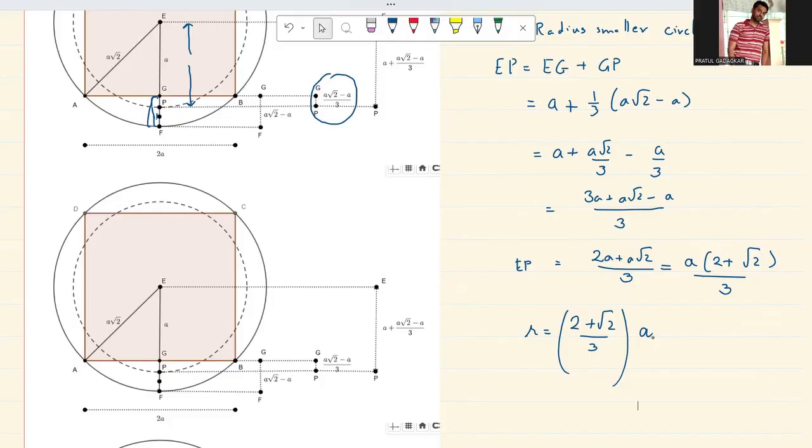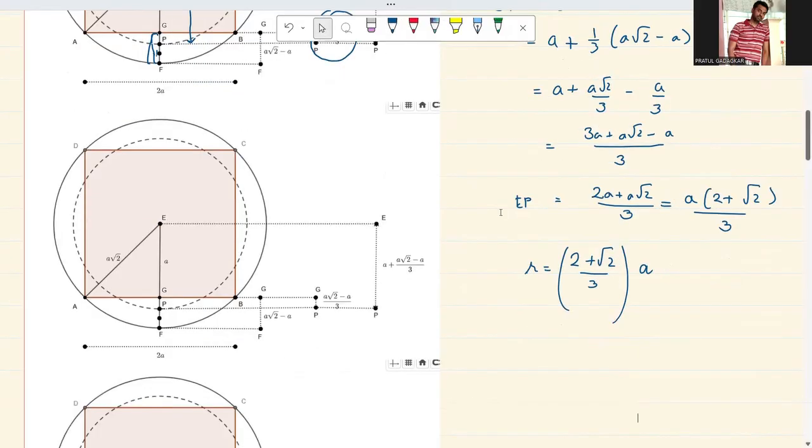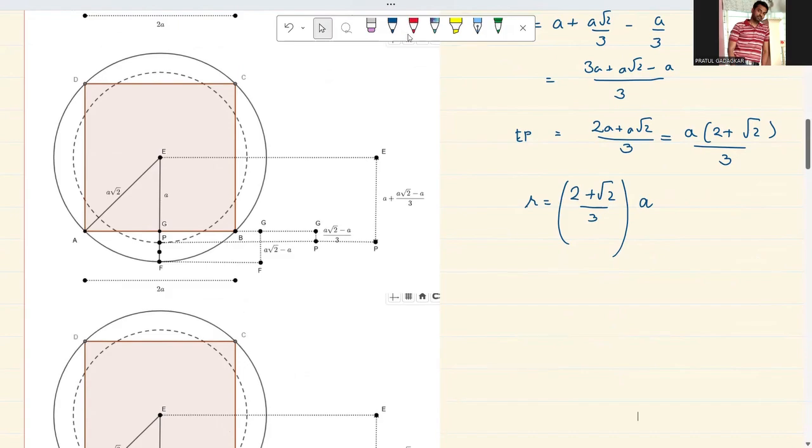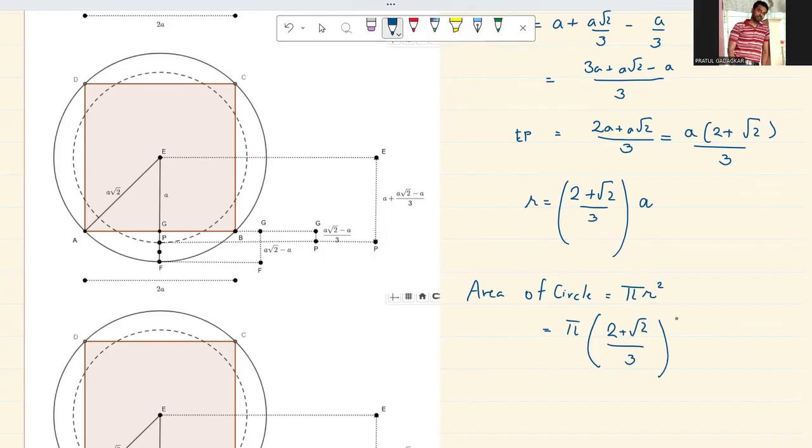And now let us find the area of the circle. So what is the area of a circle given by? Area of circle is pi r square, which is pi into (2 plus root 2 divided by 3) whole square into a square, right?